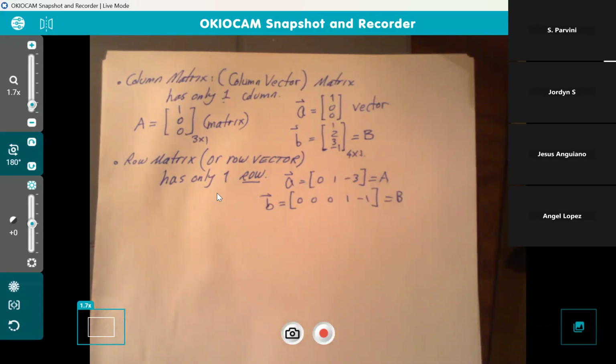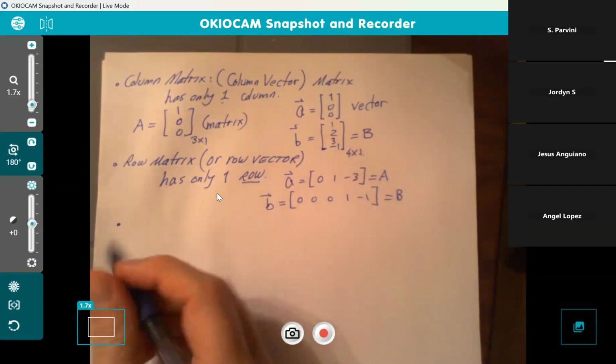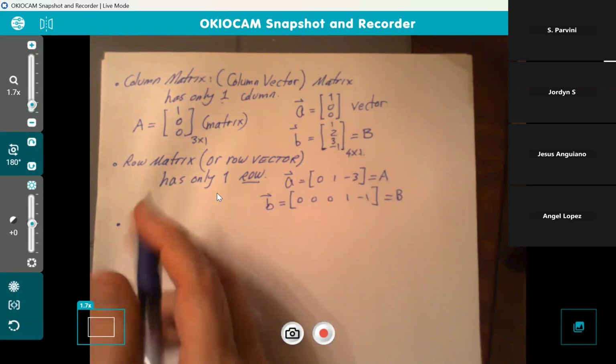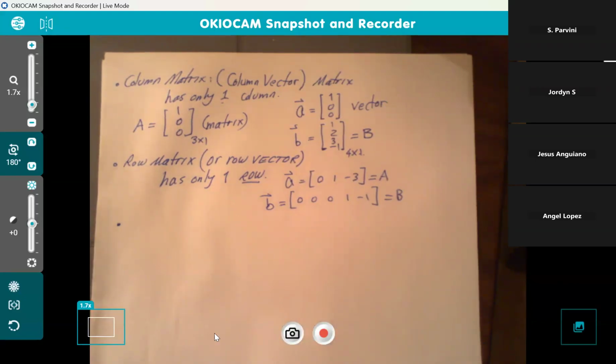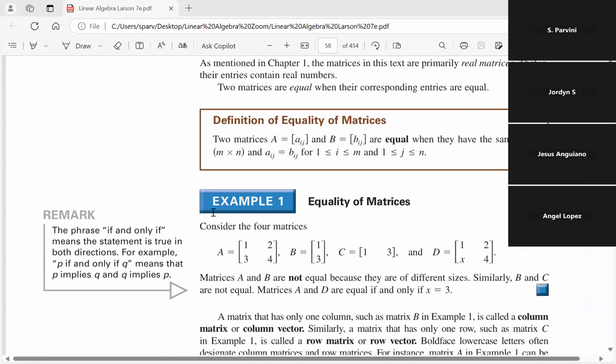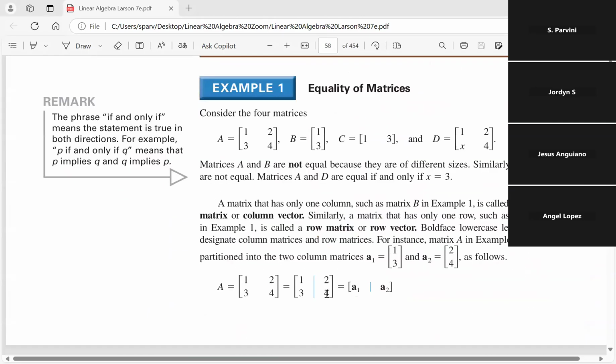Okay. Now, one thing, let me point this out. When we talk about vector quantities or matrices, in the book, let me change my share. I'm going to go back to the book now. Let's take a look at the book. In the book, what they do is the following. Right in here, you see how they use boldface?